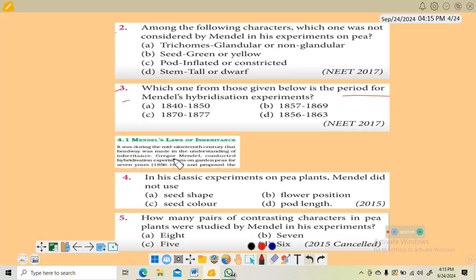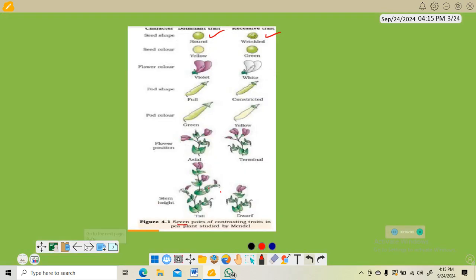And next is, among the following characters, which one was not considered by Mendel in his experiments on pea? If you see, seed color is there, then pod shape, pod color is there, then axial and terminal flower position is there.